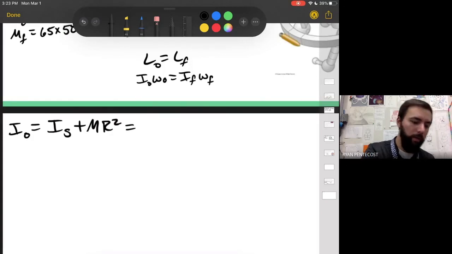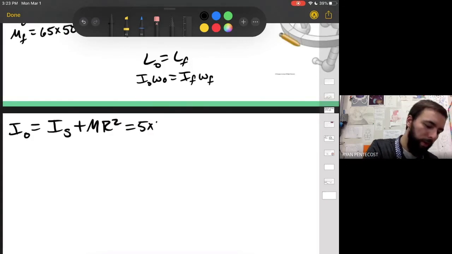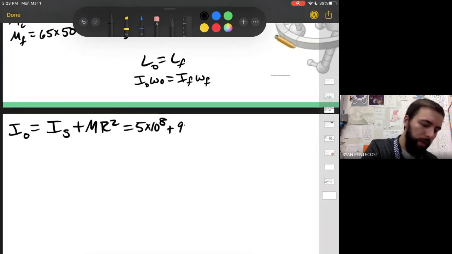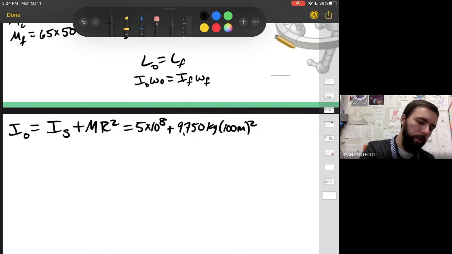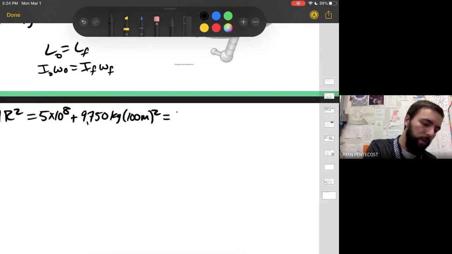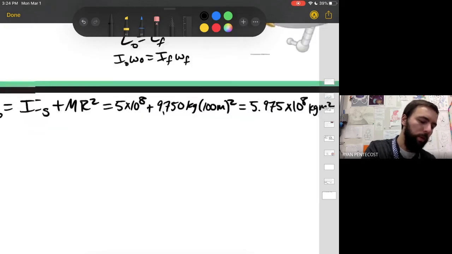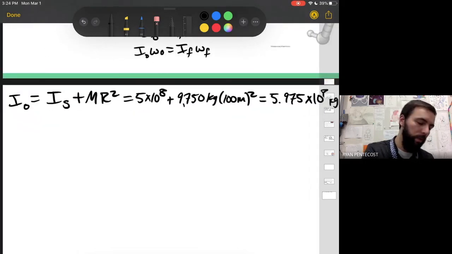So here we have 5 times 10 to the 8th plus, initially, 9,750 kilograms times 100 meters squared. This will give us 5.975 times 10 to the 8th kilograms square meters. And that's for the initial.